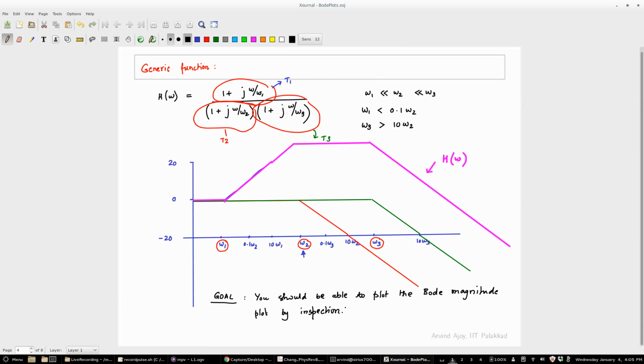You should not go and try to actually calculate the modulus of H of omega. When H of omega is written in this form of 1 plus j omega by omega x, or of the form omega by omega x, then just by considering the various terms that go into this function, you can plot it.